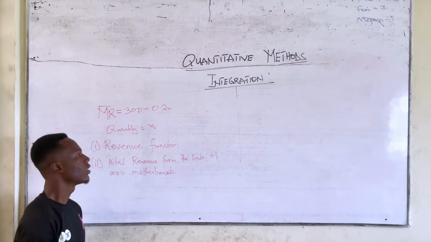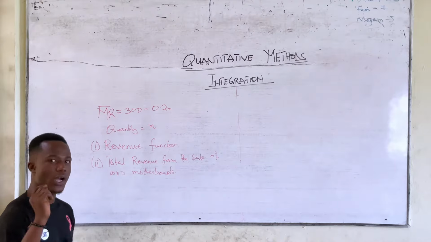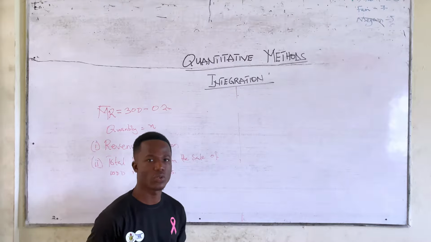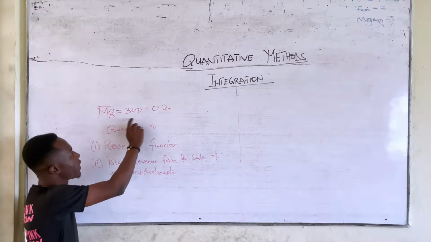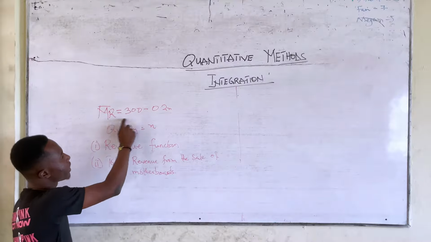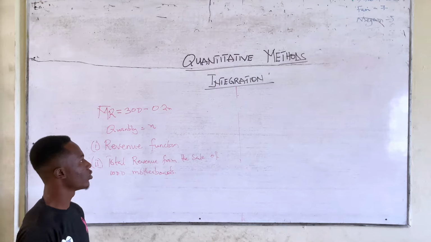But in today's lesson, marginal revenue has been given, and you are to integrate the marginal revenue to get the revenue. Since you have the marginal revenue function, you have to integrate it to get the revenue function. Do you get that?